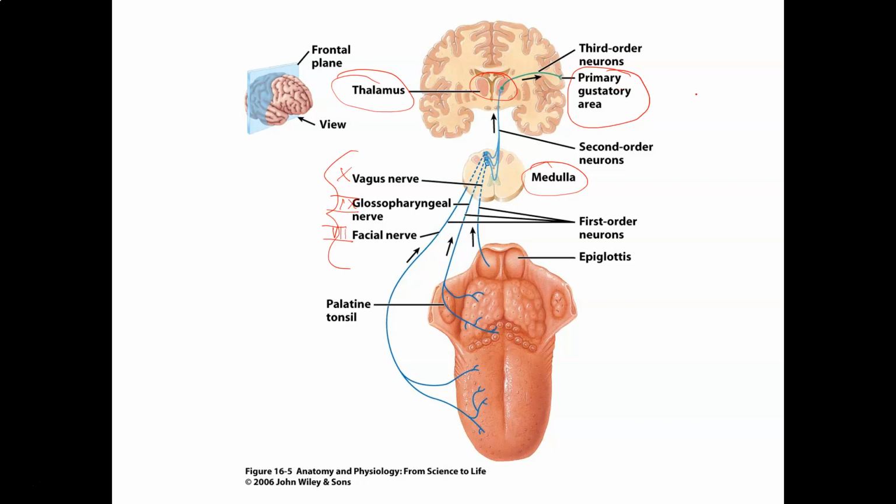Not for smell, but for taste, and then in our next lecture when we talk about vision and hearing, we'll see that there too the action potentials go to the thalamus first, and then to the corresponding regions of the cerebral cortex.